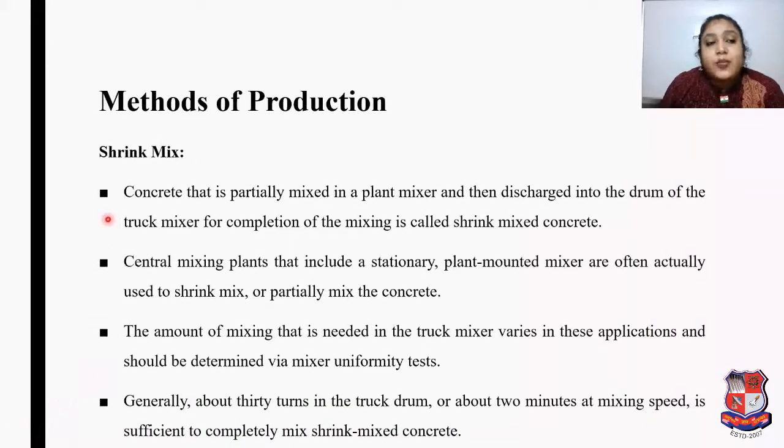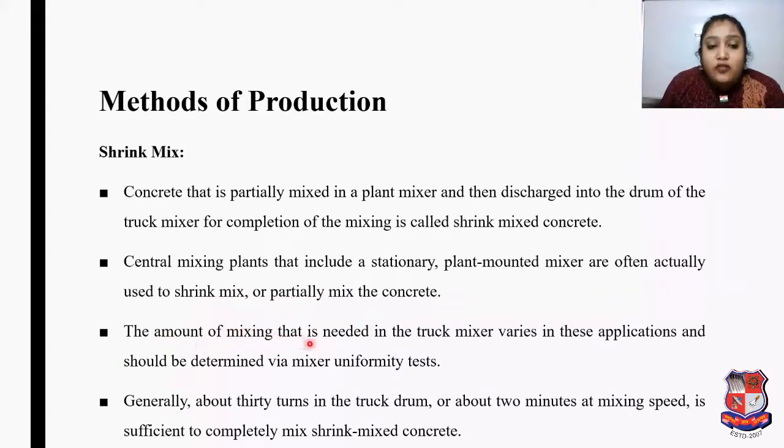Under methods of production, we will also discuss shrink mixing. Concrete that is partially mixed in a plant mixer and then discharged into the drum of the truck mixer for completion of the mixing is called shrink mixed concrete. Central mixing plants that include a stationary plant-mounted mixer are often used to shrink mix or partially mix the concrete.